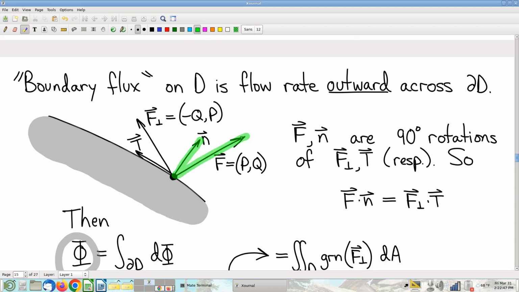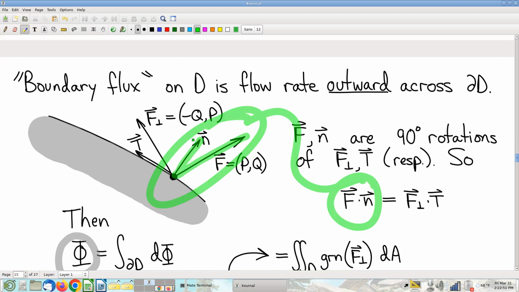If I want to know what the dot product is of a vector field with a normal vector, let's think about how we compute a dot product. Different formulas, multiply the coordinates and all that stuff. But another way to compute the dot product, I can look at the magnitudes of these two vectors. I can look at the angle between them, and the product of the magnitudes times the cosine of the angle, the old formula for how to compute a dot product.